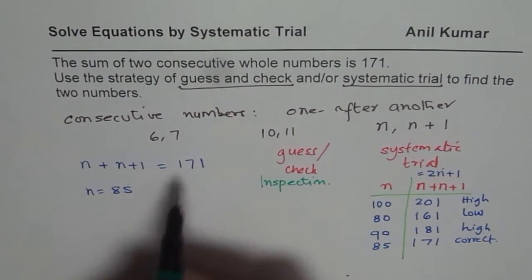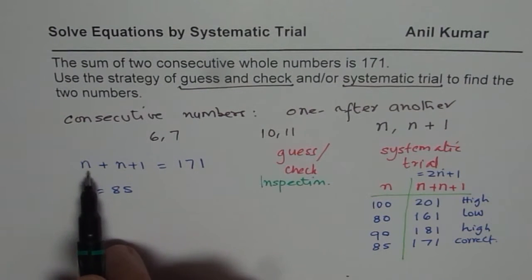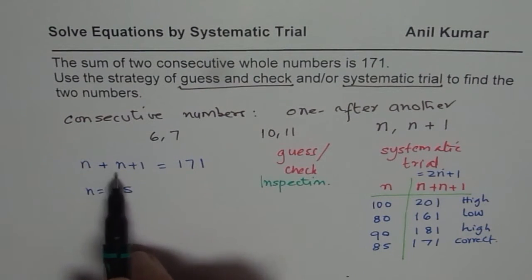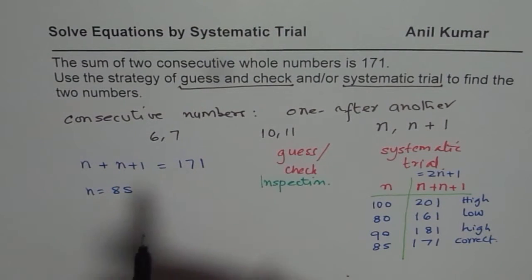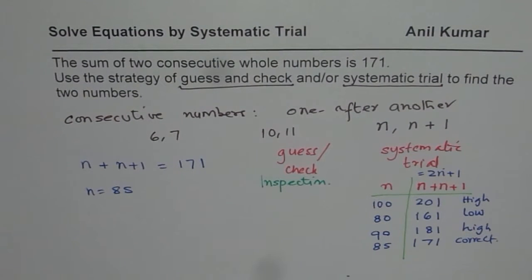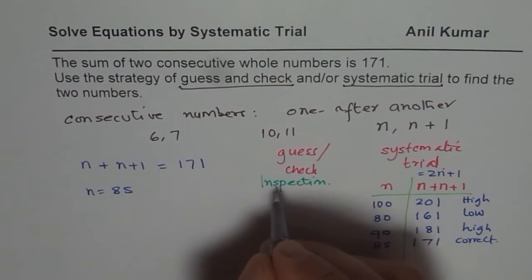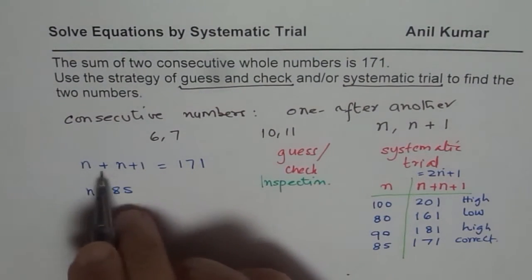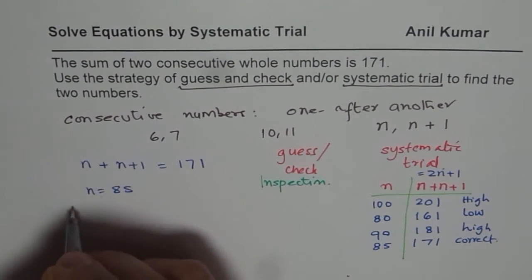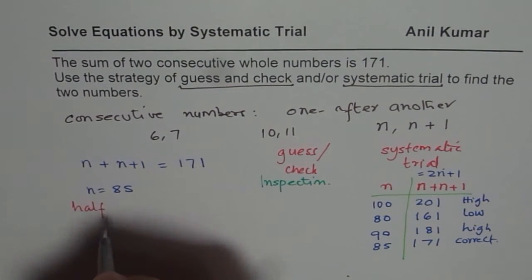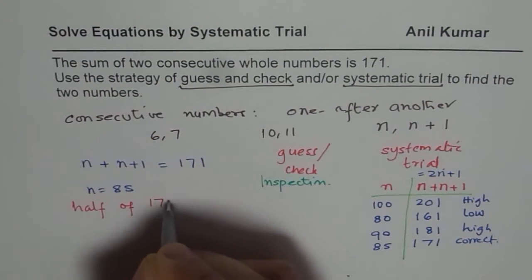Now what we notice here is that we have 171, and we have n plus n plus 1, so 2 times a number. So our inspection of this equation says: what is half of 171, right?